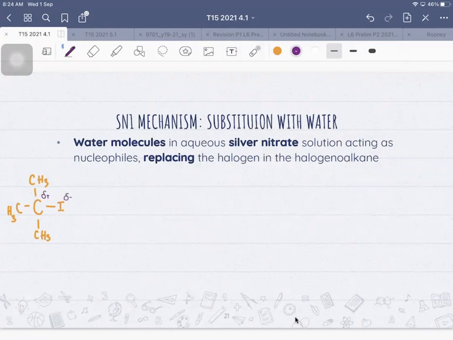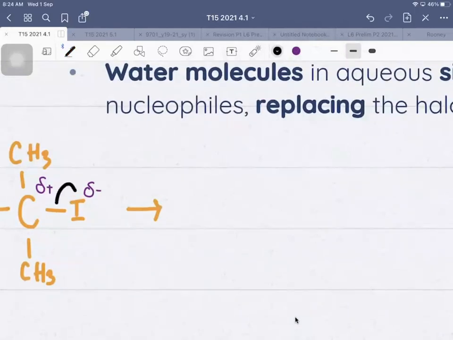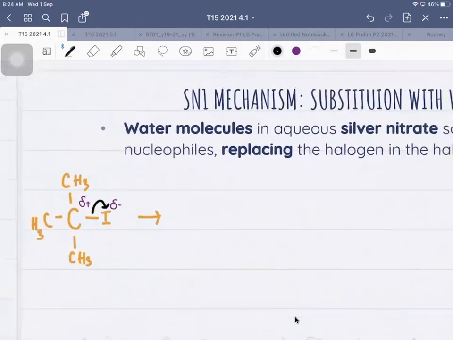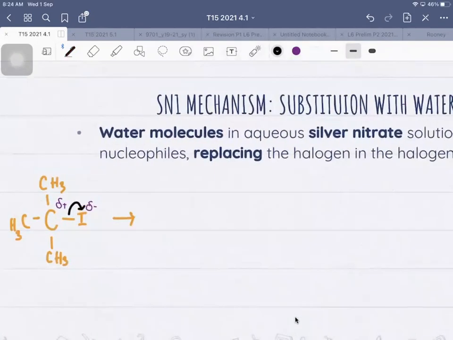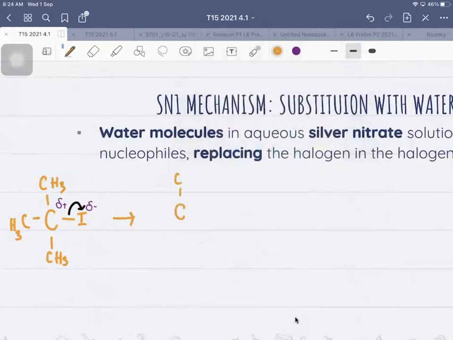So SN1 mechanism means there's only one species in the first slow step. So that means the nucleophile will attack in the second step. Okay, so what must happen in the first step? It's the breaking of the C-I bond, where the electrons in that bond will go to the iodine. So then you form a carbocation.